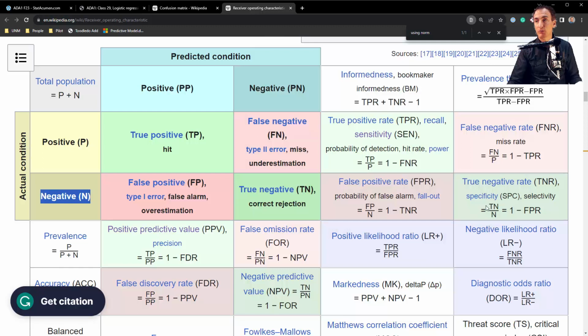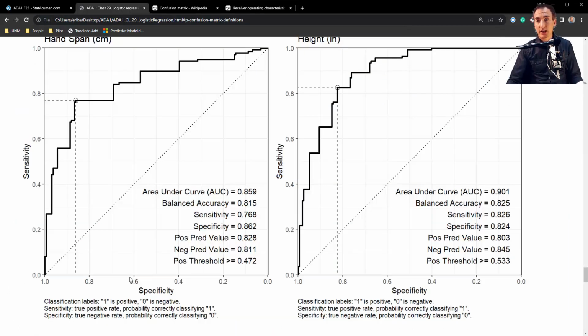This ratio is the proportion of males correctly classified. That's the specificity. So the x-axis is the proportion of males correctly classified, and we want to be as close to 1 as possible.